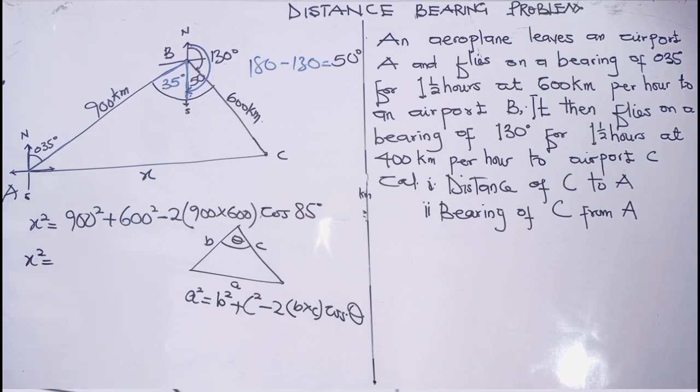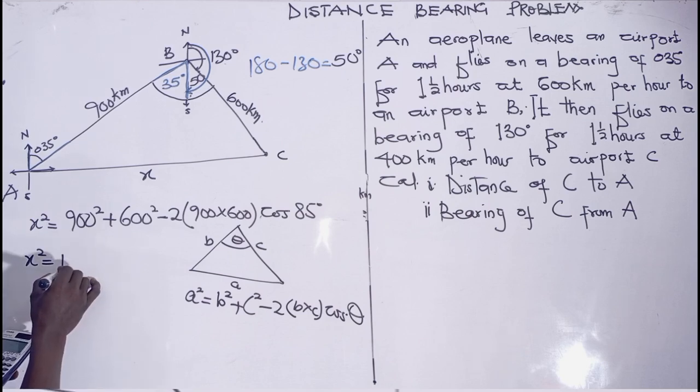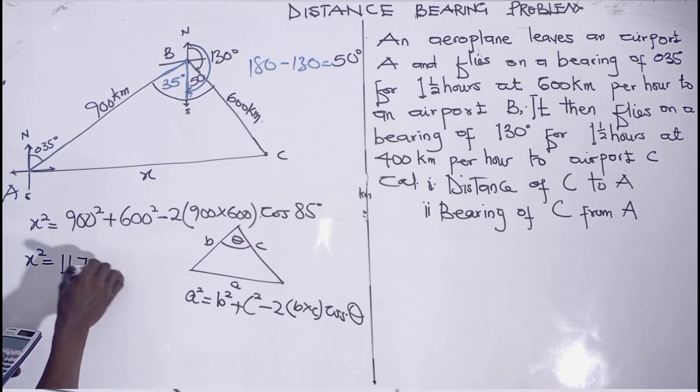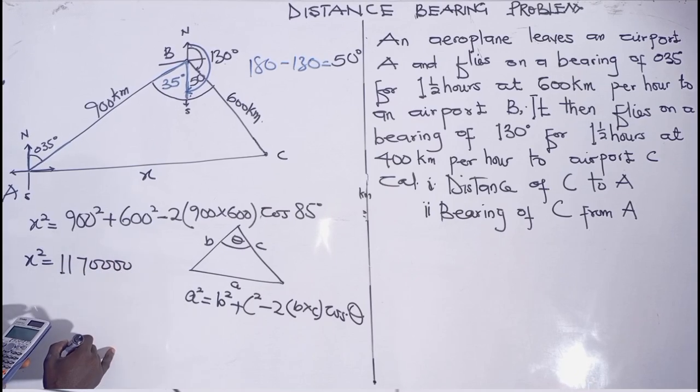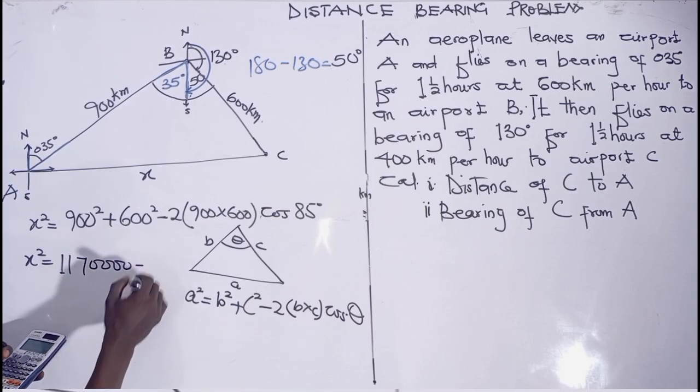So let's punch them on the calculator. 900 squared plus 600 squared is giving us 1,170,000, and then we have minus.